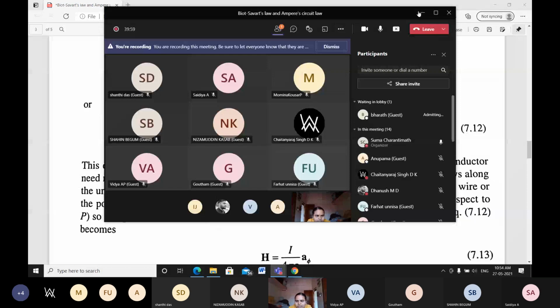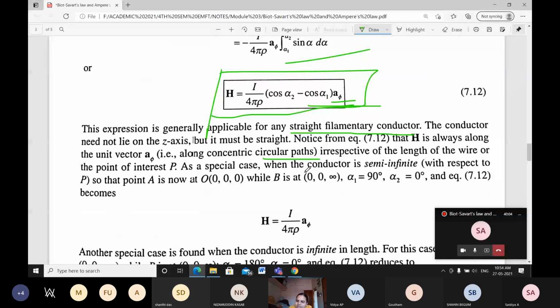As a special case, consider when the conductor is semi-infinite, not fully, with respect to P, and the point A is at O, where all coordinates are 0, and B is at infinity. From 0 to infinity, alpha 1 is 90 degrees and alpha 2, we don't know where it is going to exist, so it will be 0 angle.